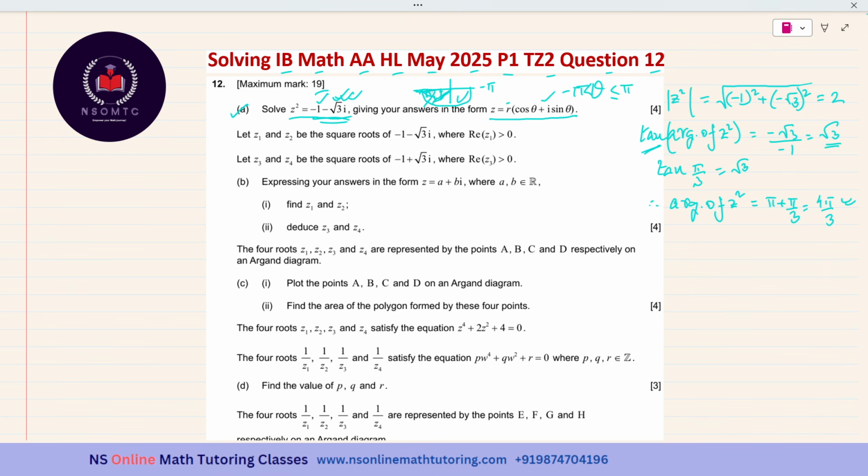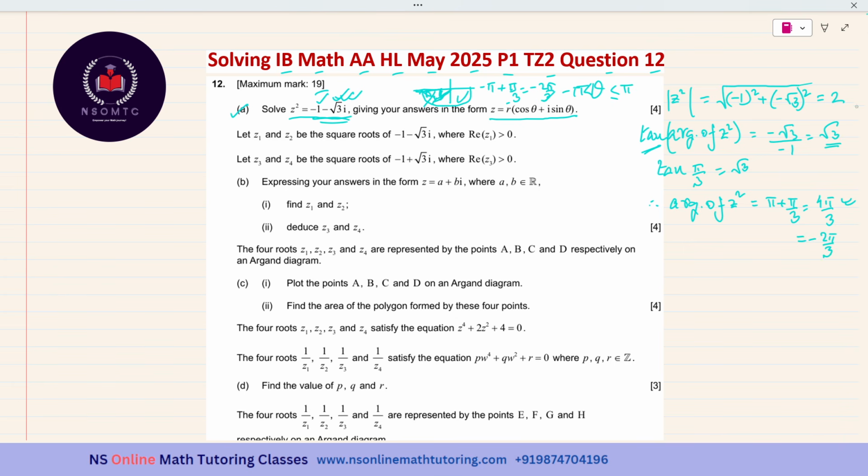And then I am moving the revolving ray in the anti-clockwise direction through an angle of pi over 3. Because I am moving in the anti-clockwise direction, this is a positive angle. So it is minus pi plus pi over 3, which is equal to negative 2 pi over 3. Therefore, I can write this as negative 2 pi over 3.